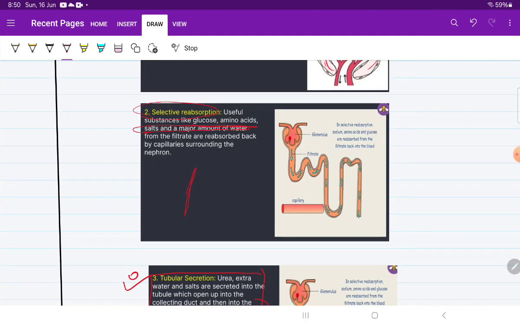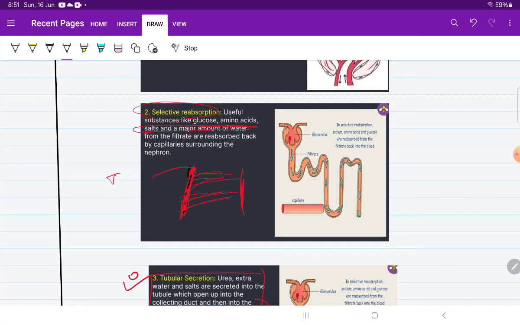First of all, for an example, this is the Bowman capsule. No, this is the capillaries, and the important things are flowing in it. Then the Bowman's capsule captures all of them with the waste material.